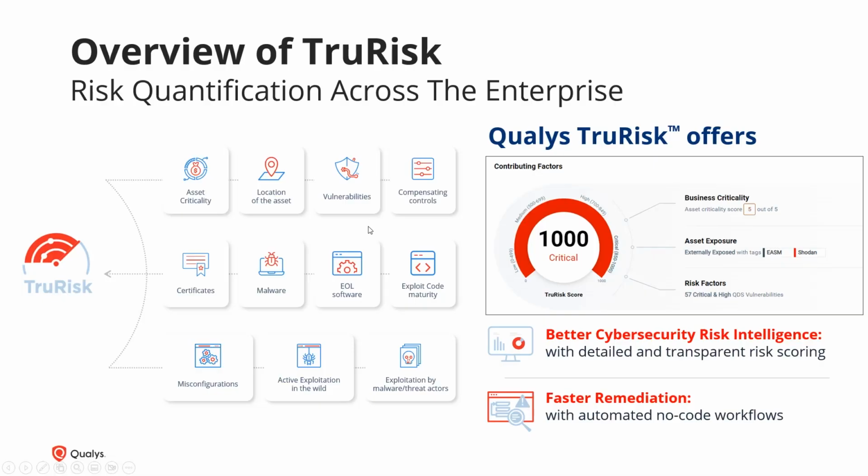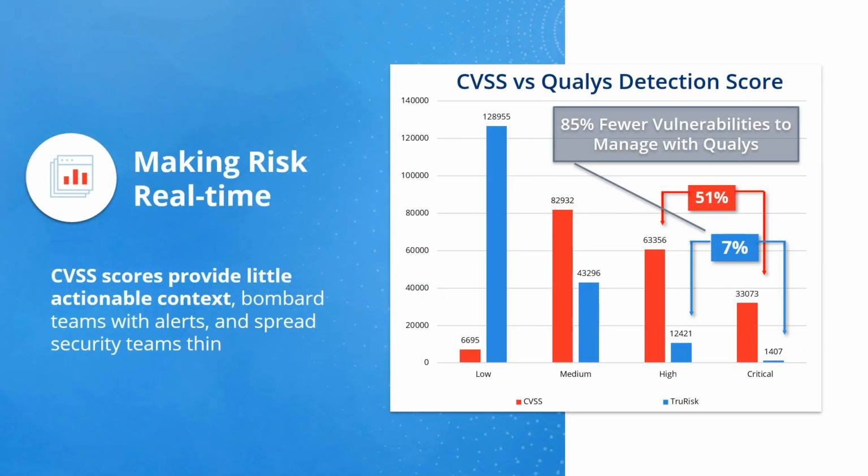That helps you to get the accurate risk posture of your organization. TruRisk helps you to prioritize 85% fewer vulnerabilities and focus on what matters, and also helps you to expedite and reduce the mean time to remediate, instead of using CVSS scores that provide you little actionable context.